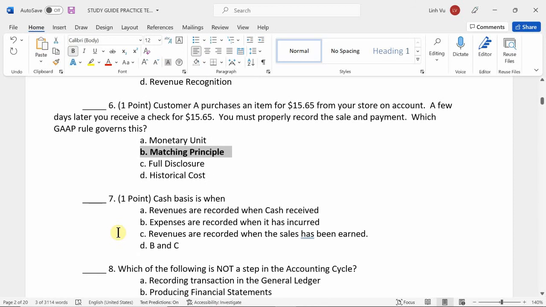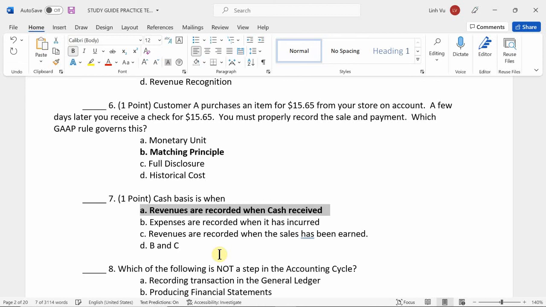Okay. Cash basis is when... A. Yes, in this case, reading all of them, it's not B and C, and it's definitely not B or C. So in this case, it is just A. Because with cash basis, you only recognize revenues when cash is received, and you only recognize expenses when cash is readily available to spend.